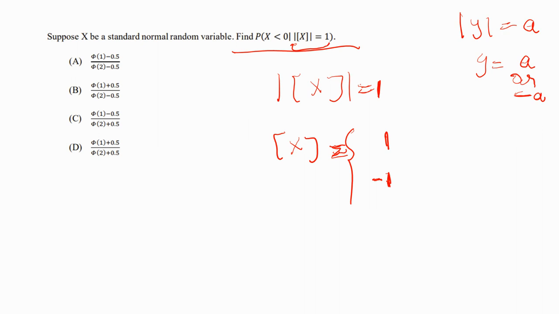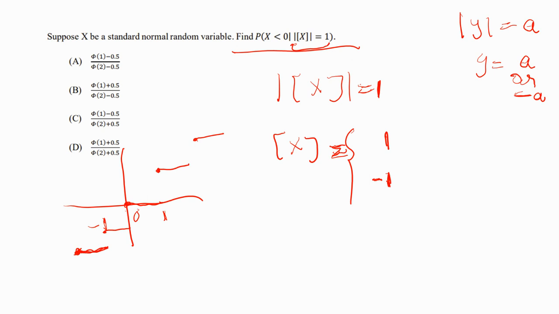So the greatest integer function works like this. 0, 1, minus 1. Basically, it is the step function.